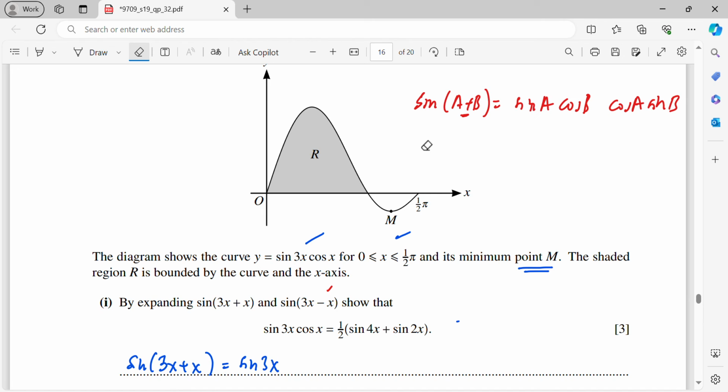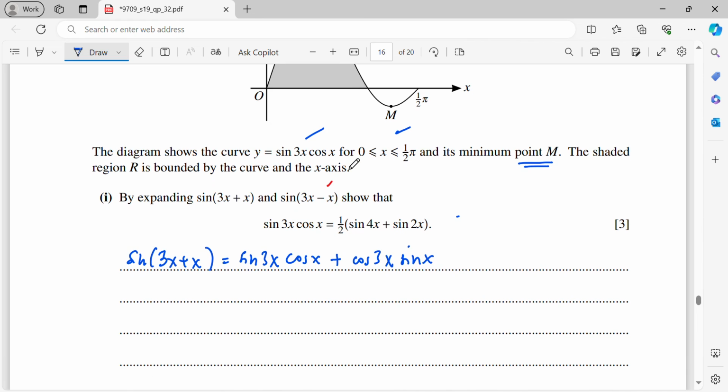So these two are the forms that we are using. Then here you will get sine 3x cos x plus cos 3x sine x. Okay, and the same goes for sine (3x minus x). This is sine 3x cos x minus cos 3x sine x.